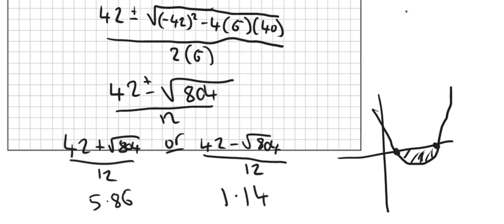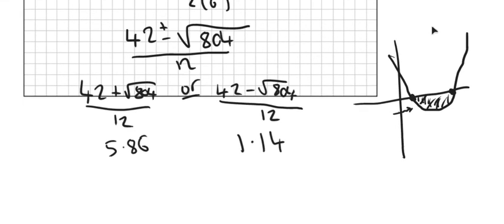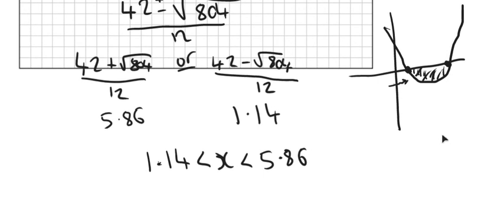It has to be down here. So the y values would all be negative down there. So therefore it's in between those numbers. So that's going to be the range of values then. So you can write it like this. And that's that question.